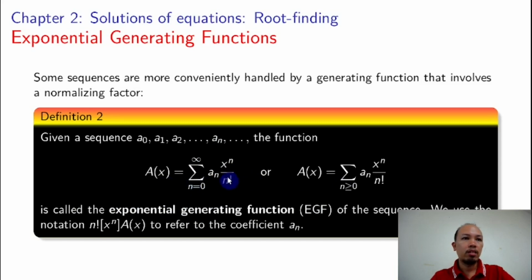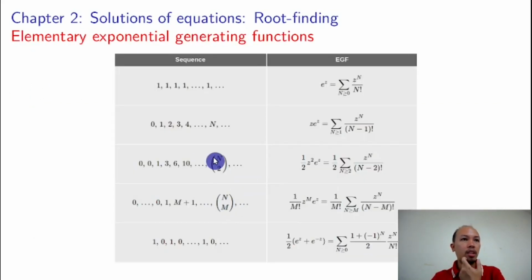So that's the only difference between exponential and ordinary, the n factorial, and almost the same definition. This is for the exponential, the same sequence as before but in a different form when you are using the exponential generating function.